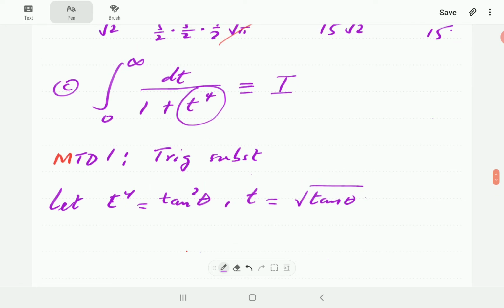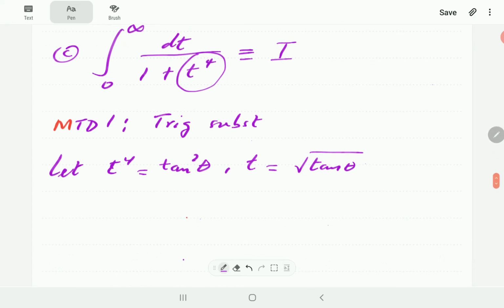Mind you, here it's just going to be the plus, not the minus, because when you take the square root, you get plus or minus. But we know from here that t is always positive, because it's varying between 0 and infinity. So it's just going to be the plus case there.